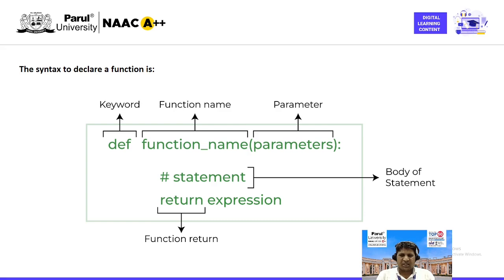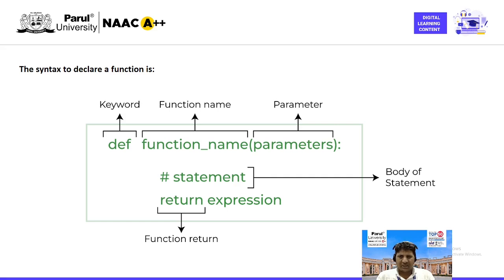The syntax to declare a function in Python. If we want to create a user defined function in Python, we have to use this syntax. First of all, we need to write the def keyword.